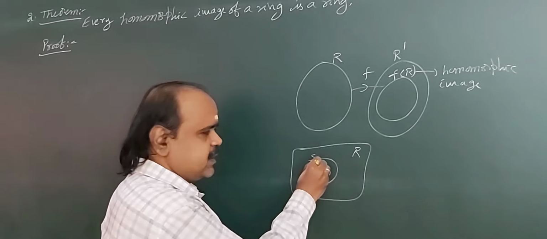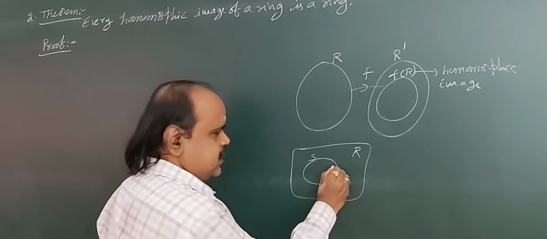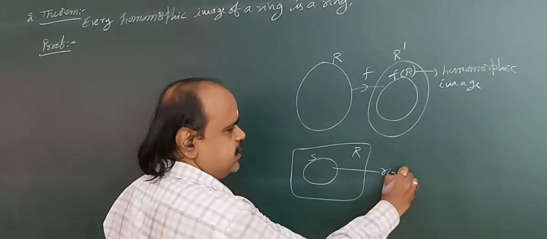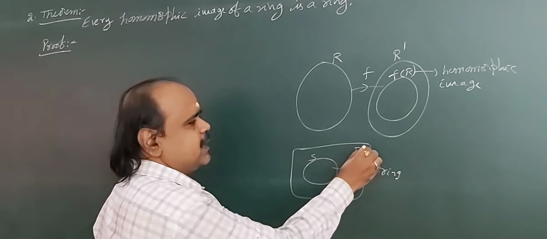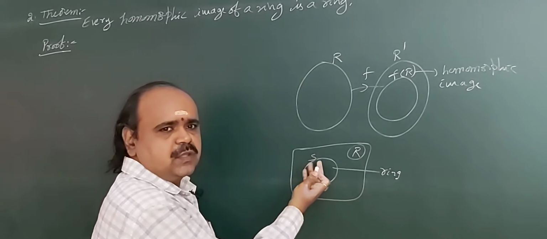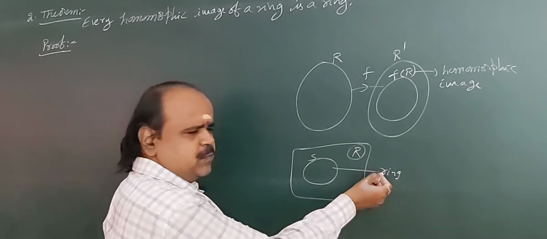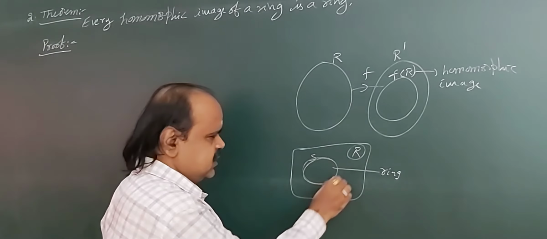If S is itself a ring, then S is called a subring of capital R. That means capital S is a ring and it is a subset of another ring, then S is called a subring.